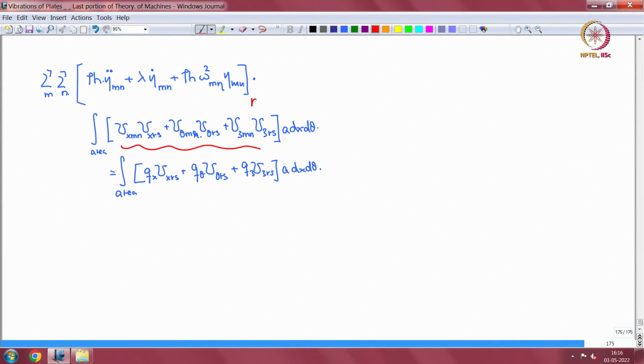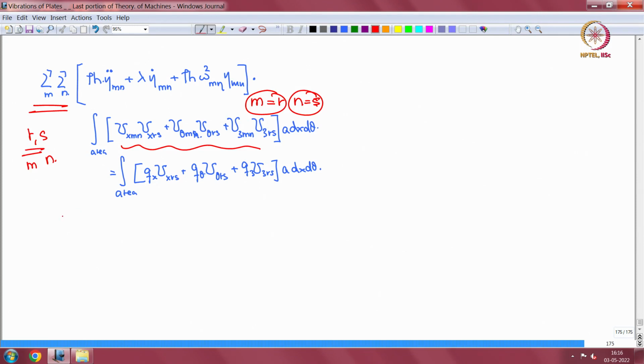Okay, m must be equal to r, n must be equal to s for this to be non-zero. If any one is violated, this is 0. Therefore out of mn, r and s are picked out, but r is equal to m, s is equal to n. Okay, so the mnth fellow is picked out.